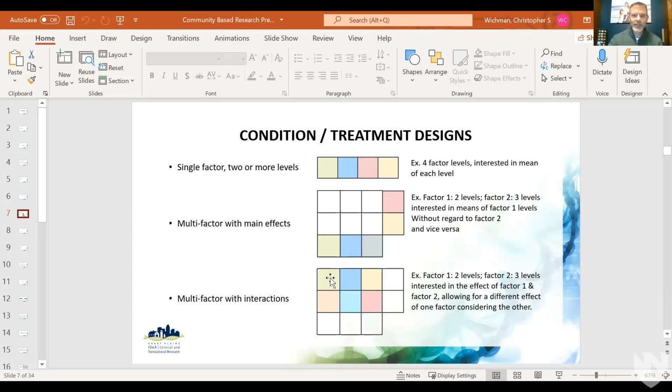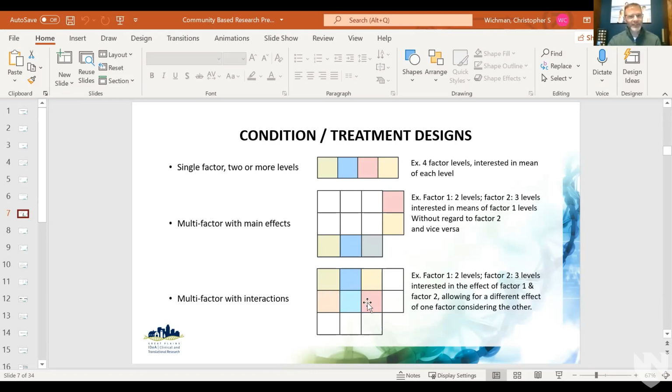So in this case, I'm actually interested in looking at the individual cell means, so the individual combinations of A level 1, B level 1, A level 2, B level 1, and A level 3, B level 1, and so forth.